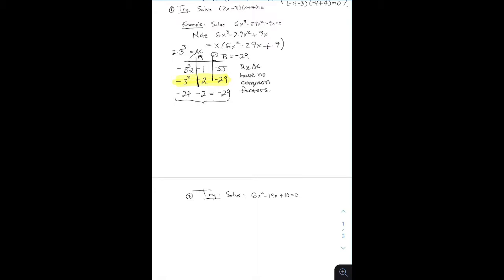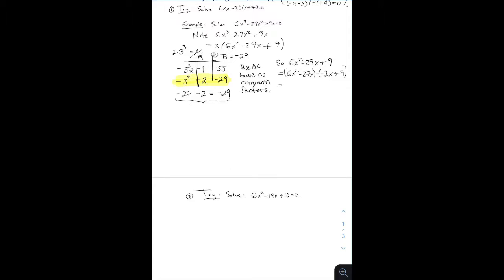Okay, so I'm going to go over here. 6x squared minus 29x plus 9 is equal to 6x squared minus 27x plus negative 2x plus 9. I'm going to group.